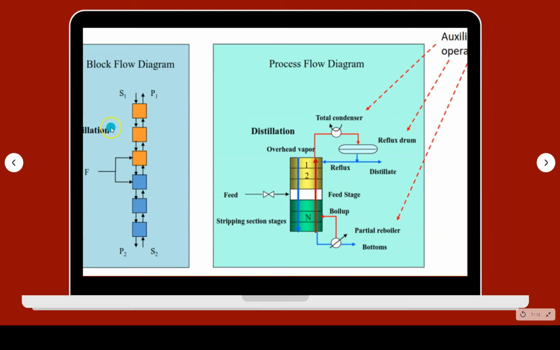So for the block diagram, you only represent your major unit operation. However, for PFD, there is a complete unit operation with its auxiliary units. Please remember which one is the block flow diagram and which one is your process flow diagram.